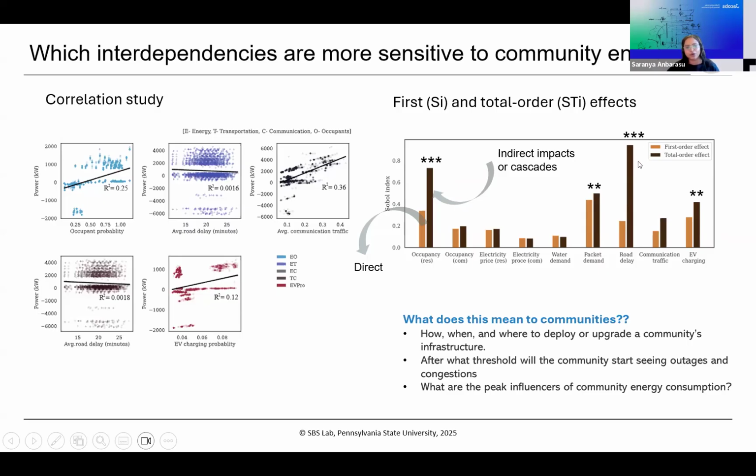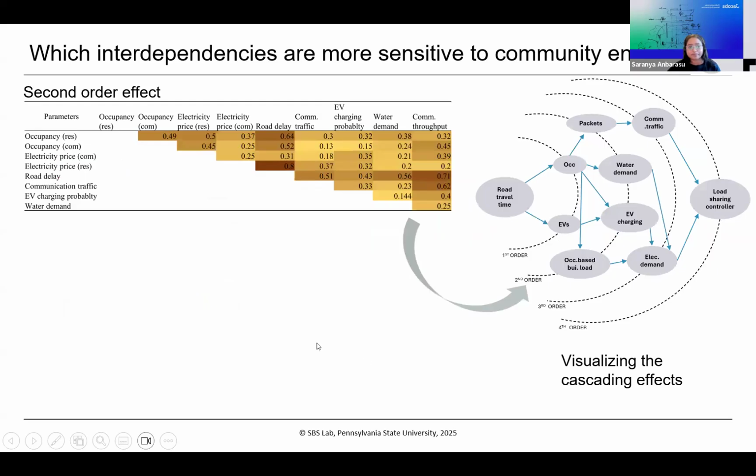Because there are more people stagnant on roads, the EV charging happening at the blocks changes, the number of people entering the blocks changes, and the human driven electricity consumption of the blockchain changes. So all these were dependent on a few of these, like the road delays and the occupancy. This was influencing all other parameters, and these are very critical when we're modeling.